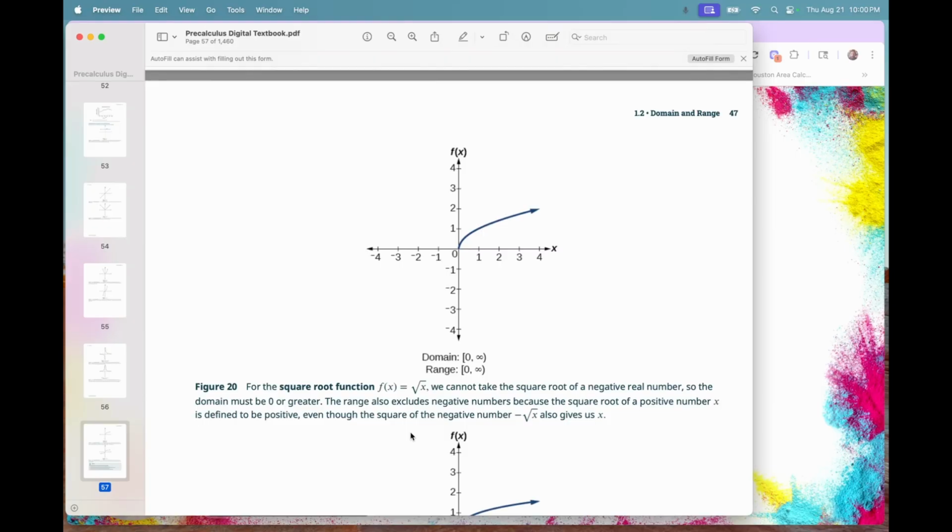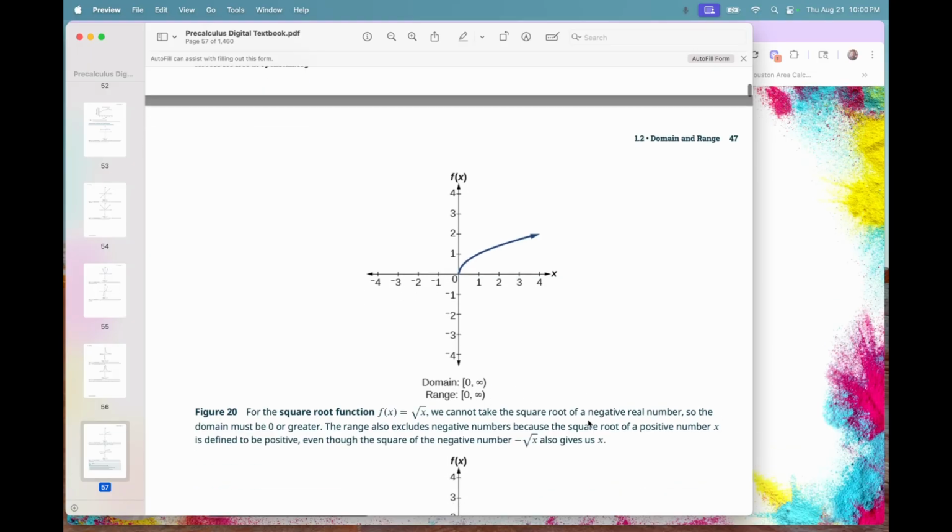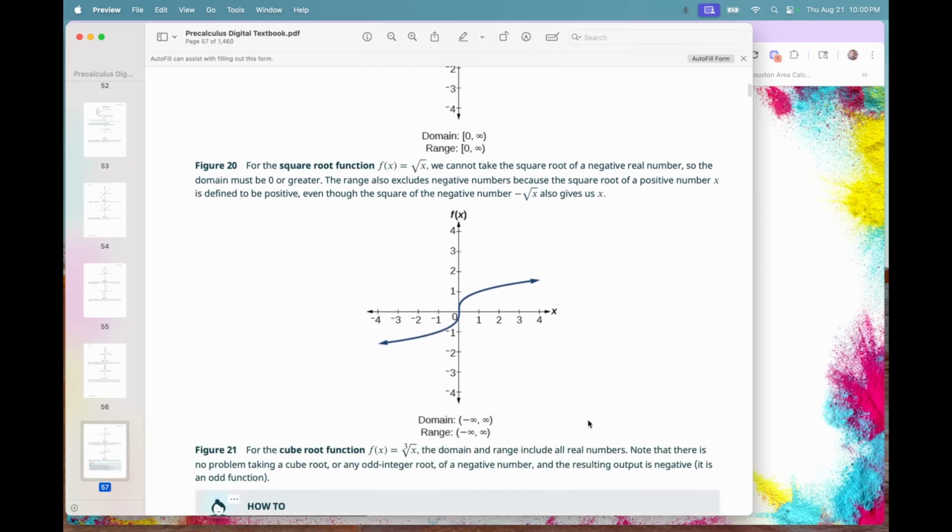Square root function, you cannot put in a negative value, so domain x values are only 0 and positive, and that means the range also is 0 to positive. The cube root function is a reflection across the line y equals x. It's the inverse of x cubed, so cube root and x cubed are inverse functions of each other.